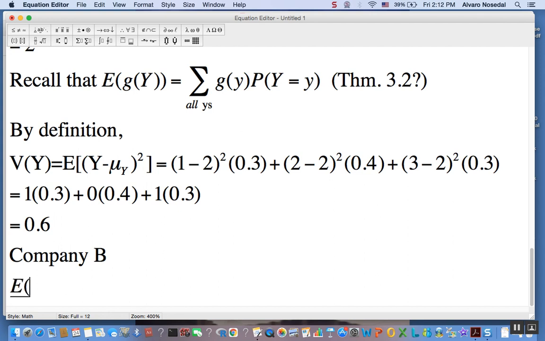What I would like you to do later today is use the definition and convince yourself that the expected value of y is 2. Please check this. Homework.